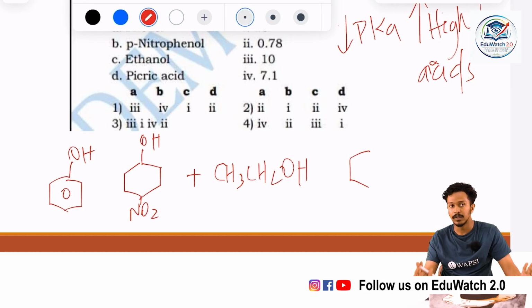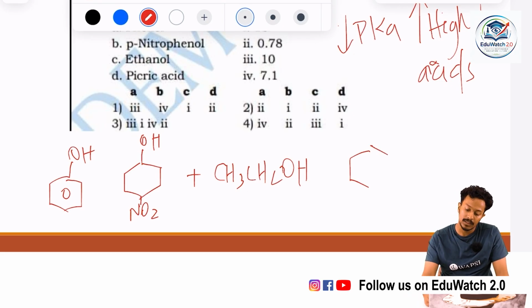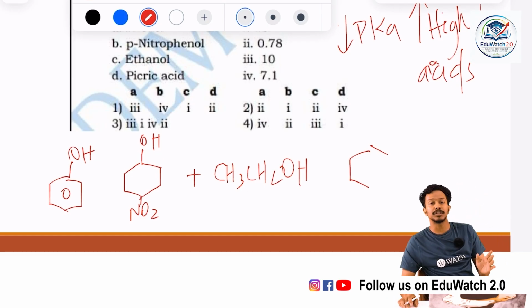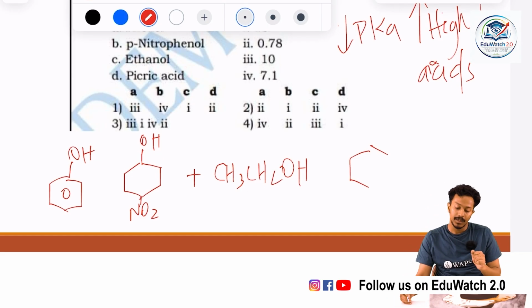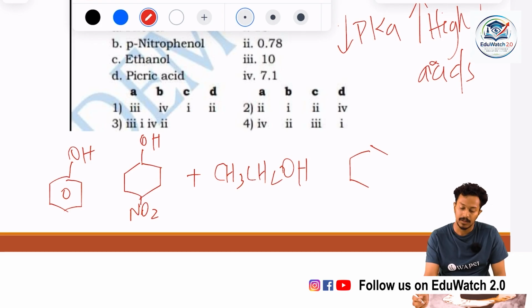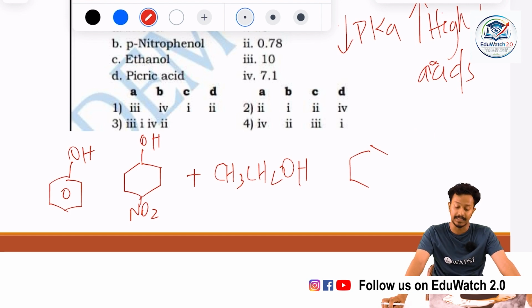So it is very much important to know the common names of compounds. Here picric acid is nothing but 2,4,6 trinitrophenol, which is a result of excessive nitration of phenol. These are the 4 options, and we are asked which is most acidic.